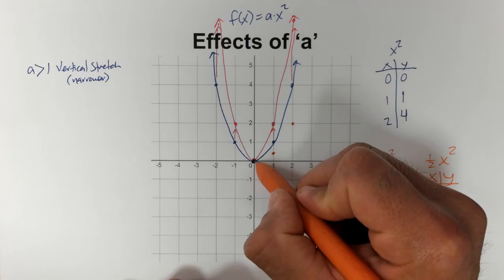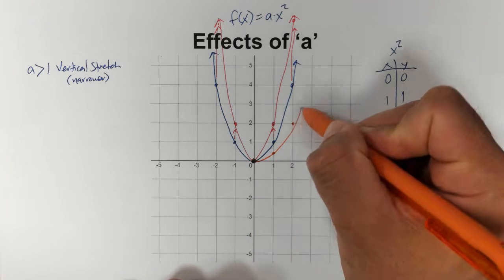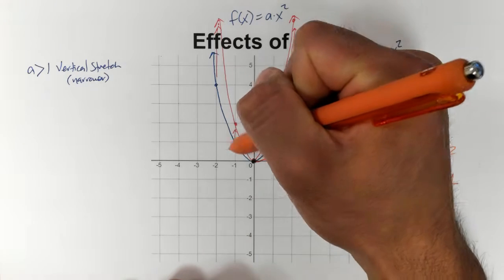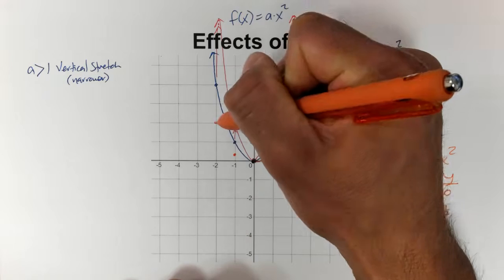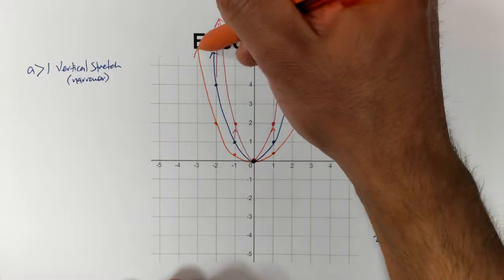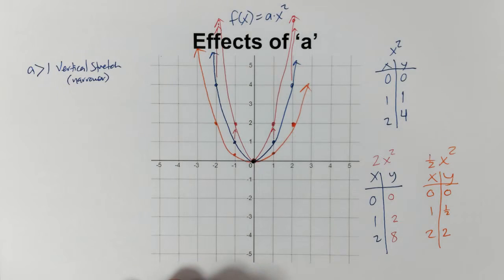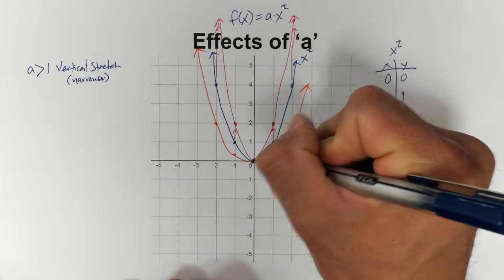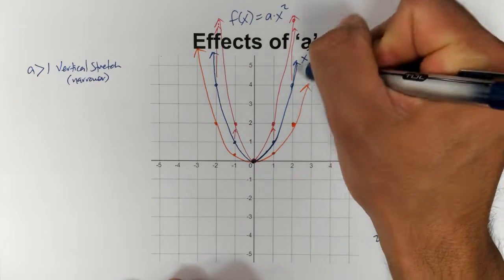And I can mirror this function. This should go to this point, and then in the other direction, I also go through (1/2, 2). Notice how this function looks wider than the original function, the original being this blue one. I'm comparing everything to this function right here, the parent function.